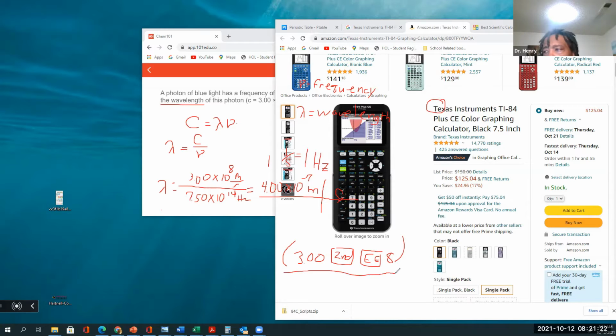Then you would put divide, and then you type in this number, which is 7.50.